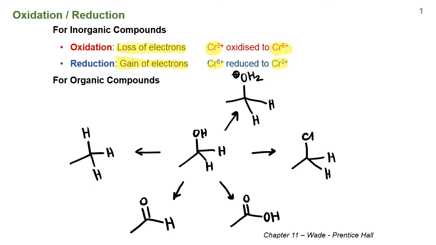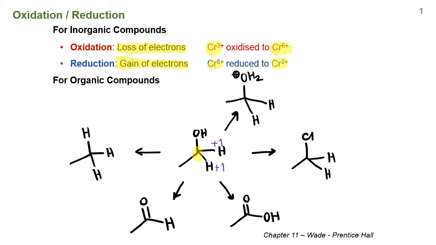But for organic compounds, this is a bit more difficult to understand. So you need to look at the oxidation level of carbon first. For example, if you look at the alcohol, for this carbon here, to determine the oxidation state, you need to compare with the nearby atoms around it. The hydrogen has lower electronegativity than the carbon, so this is +1.